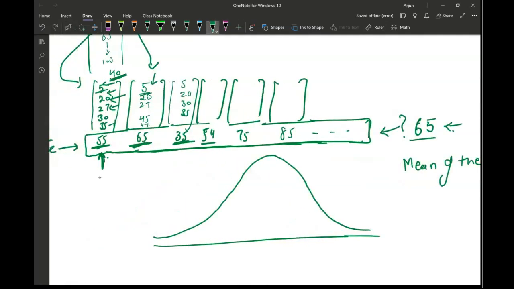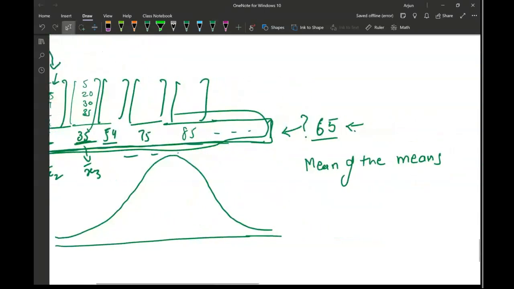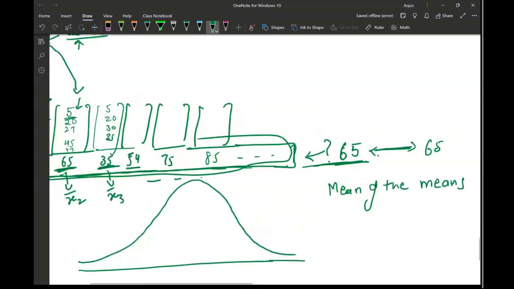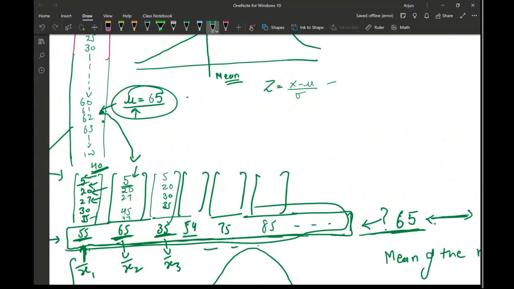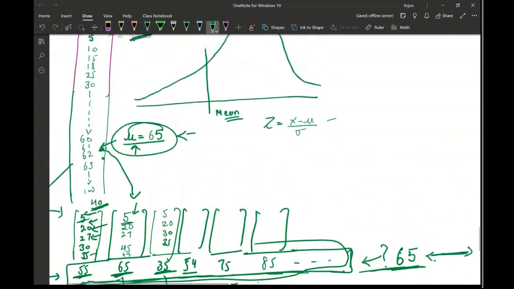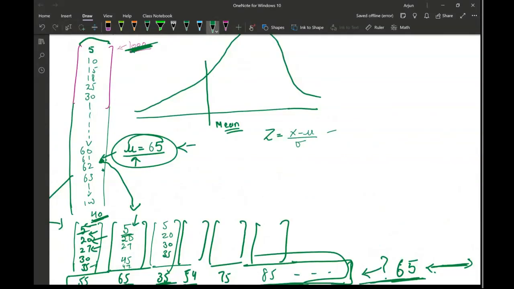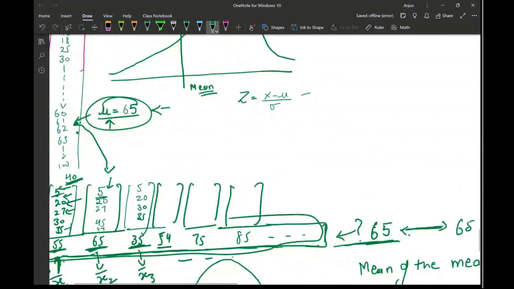So these are the means: x bar 1, x bar 2, x bar 3, and so forth. When I take the mean of all these means, that mean will be approximately same as the mean of the population. The mean of the population was 65 in a given population of 1,000.